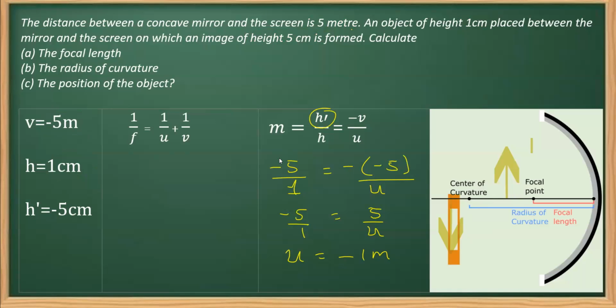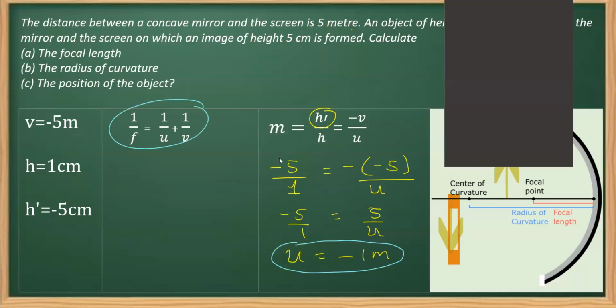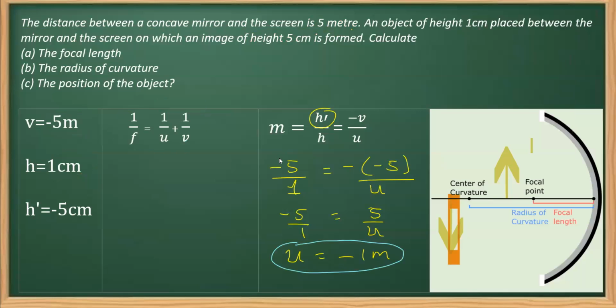Now, once we get the value of u, we are going to apply the mirror formula to get the focal length. So 1 over f is equal to 1 over u, where u is minus 1, so minus 1 over 1, plus 1 over v.